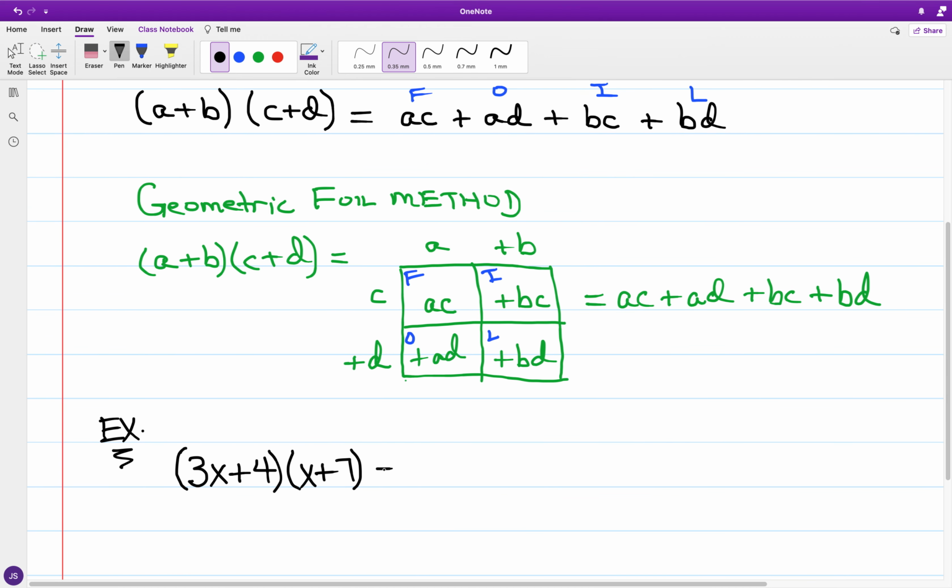So for the first terms, you have 3x and x. For the outside terms, you have 3x times 7. For the inside terms, you have 4 times x. And for the last, you have the constants 4 and 7.